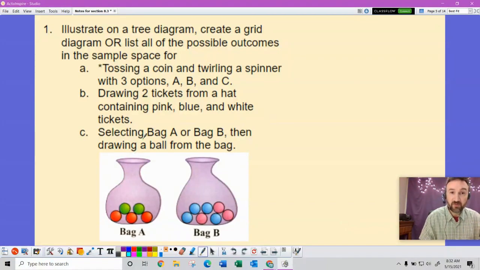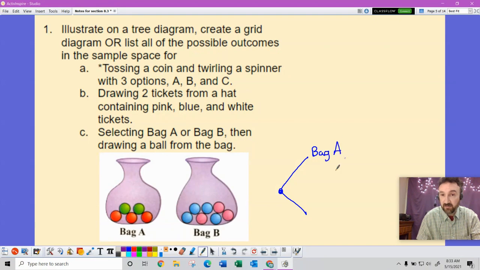So, for example, in part C here, we're selecting from one of these two bags and then drawing a ball from one of those two bags. So when we're listing out the different possible outcomes there, maybe you start that with the tree diagram. And you list off, I could get bag A, write bag A to be super clear here.